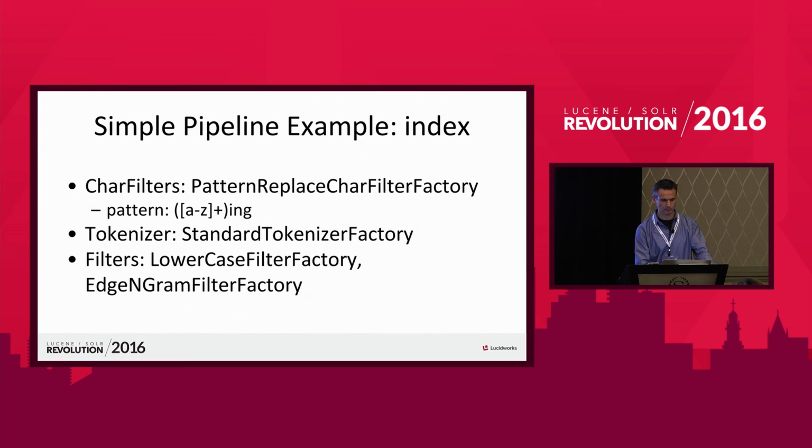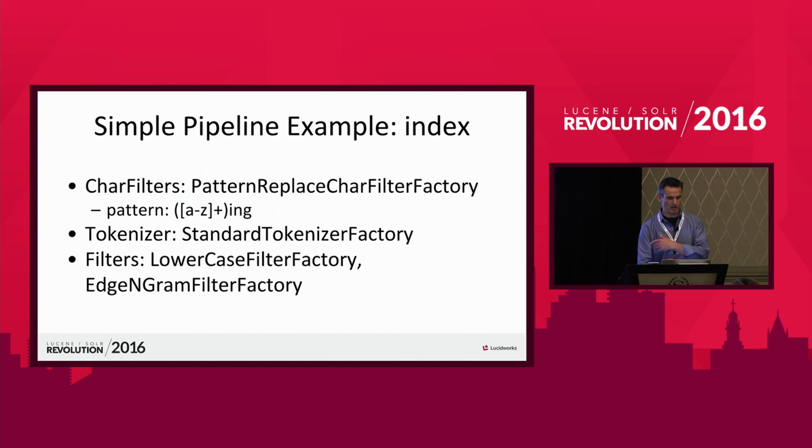You have a lot of flexibility there. So here's a simple example that I thought of just for demonstration purposes. It has all three components: the character filters, tokenizer, and filters. At index time, it does a simple replacement that drops ing at the end of the word, then a standard tokenizer, then a lowercase filter, and then the edge Ngram filter factory.